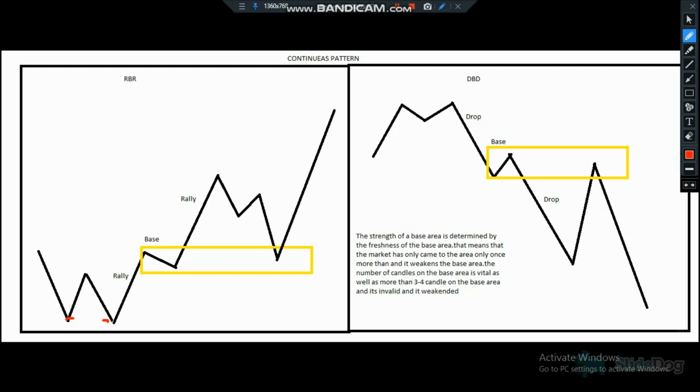These are base areas, these are pending order areas, and another impulsive move and retracement back into that area is where we look for our entries, leaving there. That is our first rally, base, rally. That is a long setup of the order block.